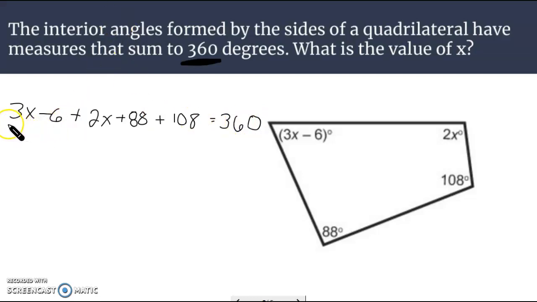Let's first put together the 3x and the 2x to get 5x. And notice we have a minus 6, a plus 88, and a plus 108. If we put together the negative 6, the 88, and the 108, we're going to get 190.